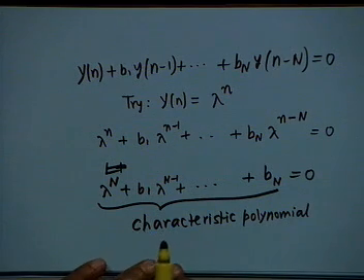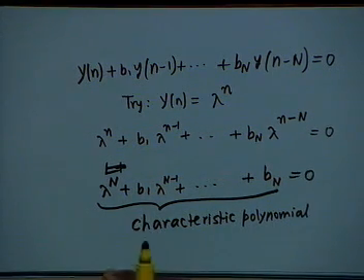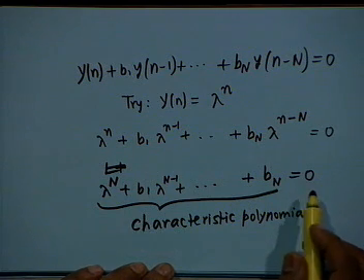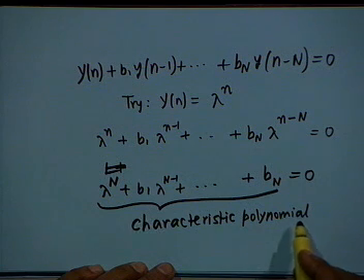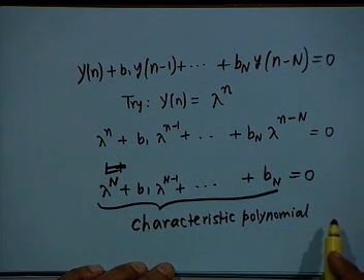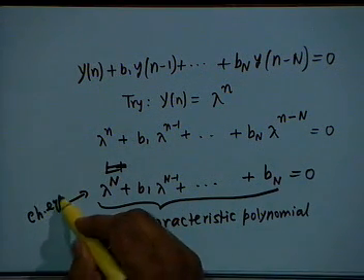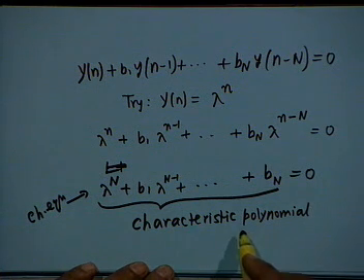If the characteristic polynomial is equated to 0, then this equation is called the characteristic equation. The roots of the characteristic equation, or the zeros of the characteristic polynomial, are the so called eigenvalues.